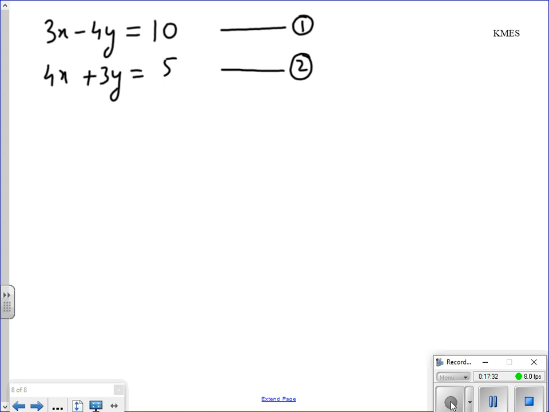Step 1: Write the two equations in the form ax plus by equal to c. If you look at the given equations, you will realize that these equations are already in the form ax plus by equal to c.